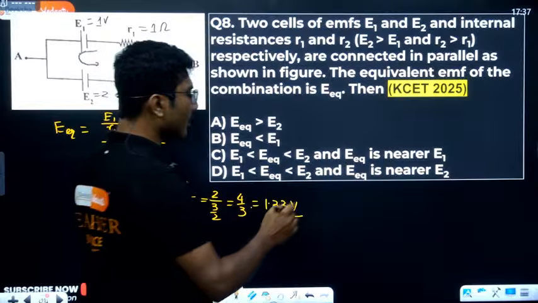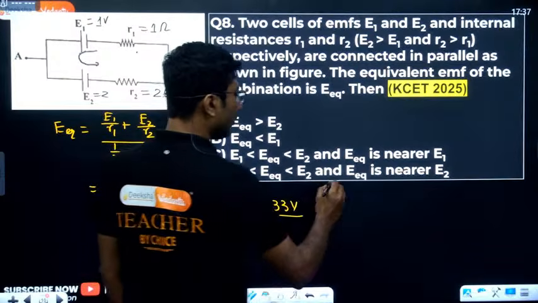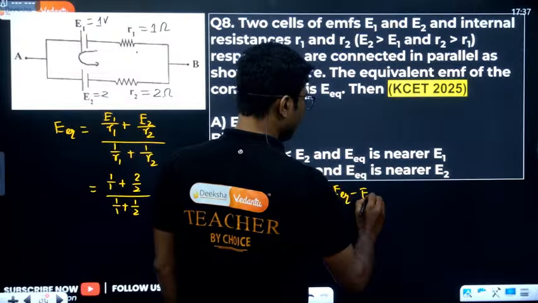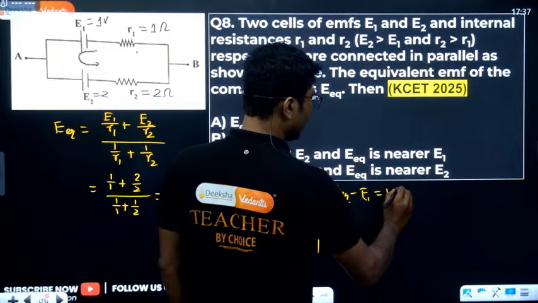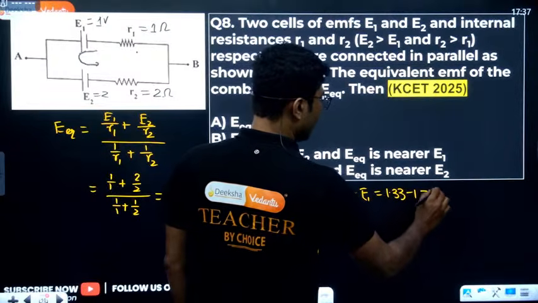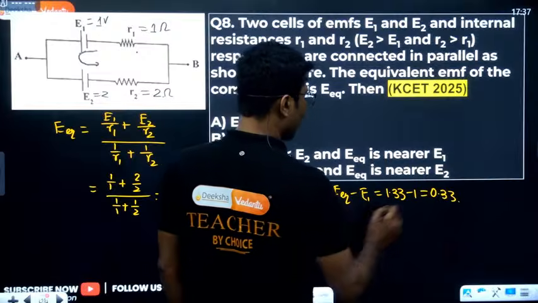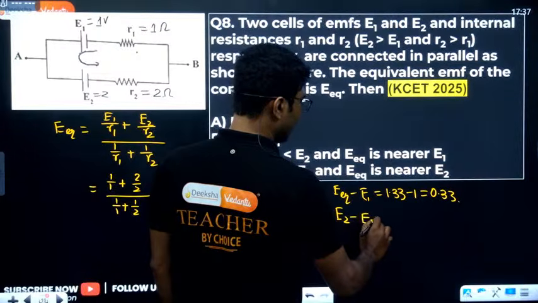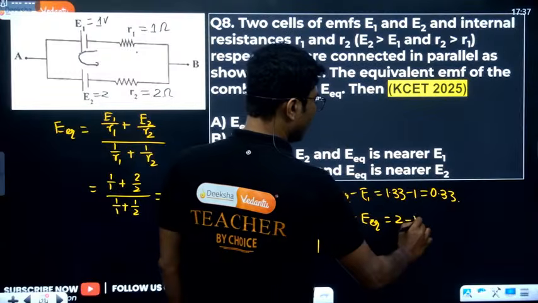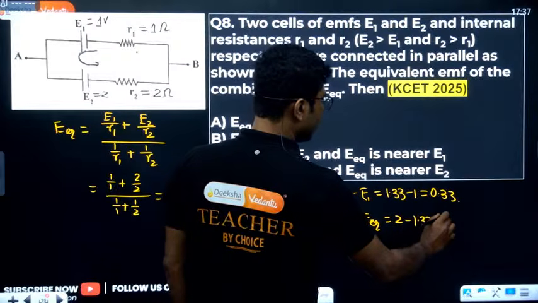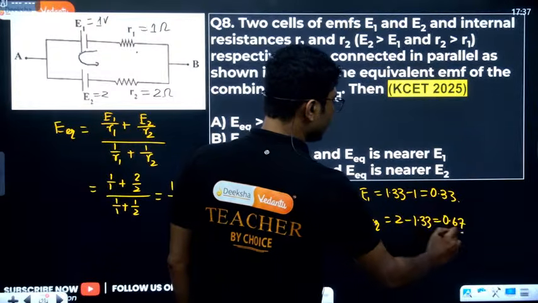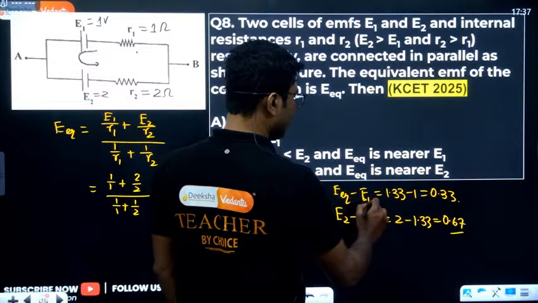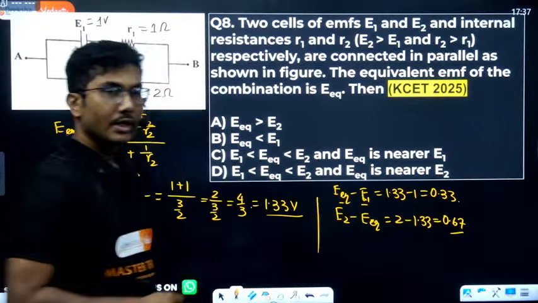What is the difference between E equivalent and E1? E equivalent minus E1 is 1.33 minus 1, that is 0.33. And E2 minus E equivalent, obviously E2 is bigger, so that will be 2 minus 1.33, that is 0.67. So who is nearer? Obviously E1 is nearer, because the difference between E1 and E equivalent is smaller.